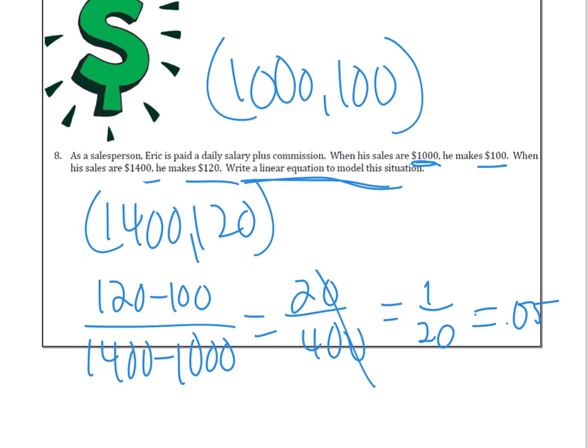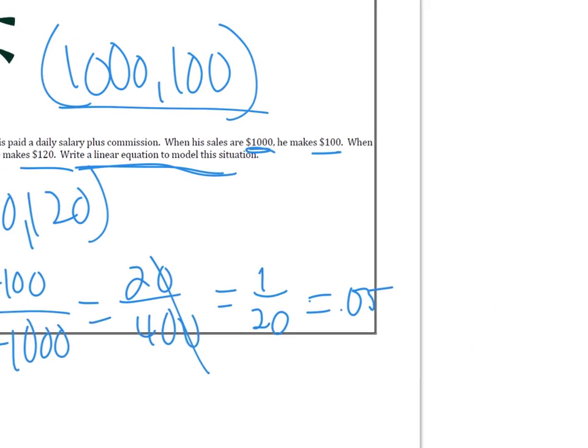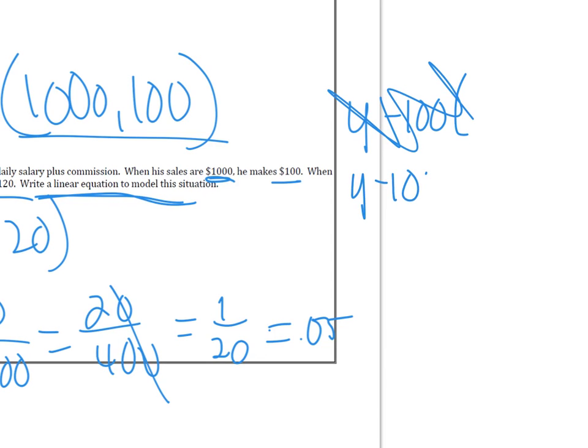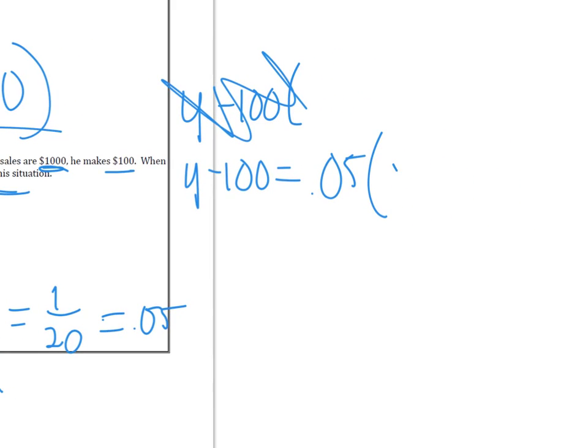So now take that and one of the points. I'm looking at that point saying that's got to be pretty easy. So I go y minus 100. Oops, I screwed that up. Let me back up. y minus 100 equals 0.05 times x minus 1,000.